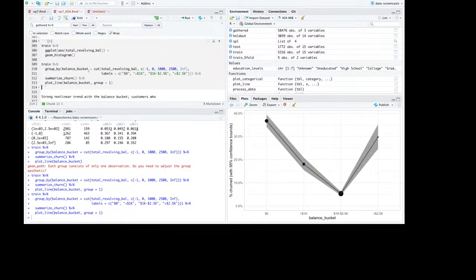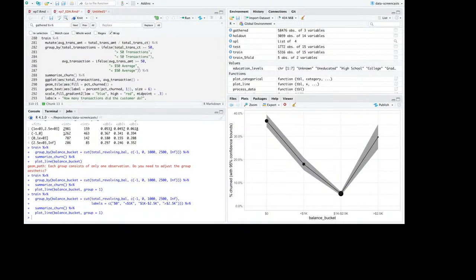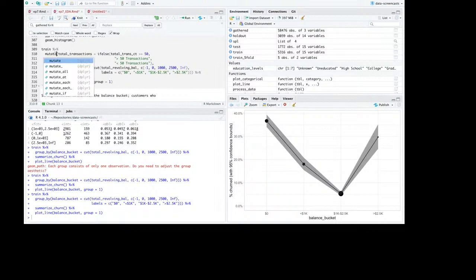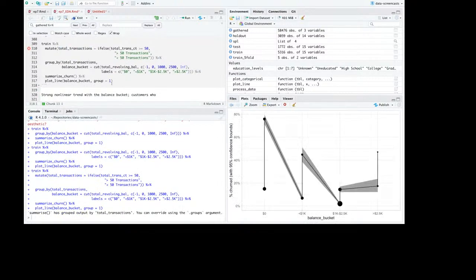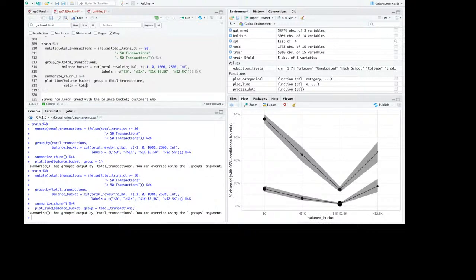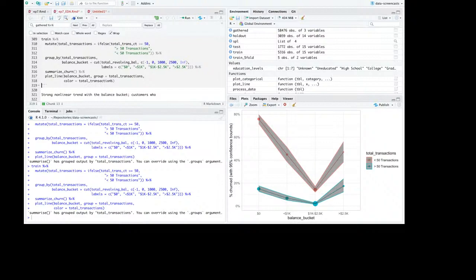There we go. And let's also bucket that by the transaction count. I really like that transaction bucket we were looking at. Let's bring it back in. And, no interaction term.